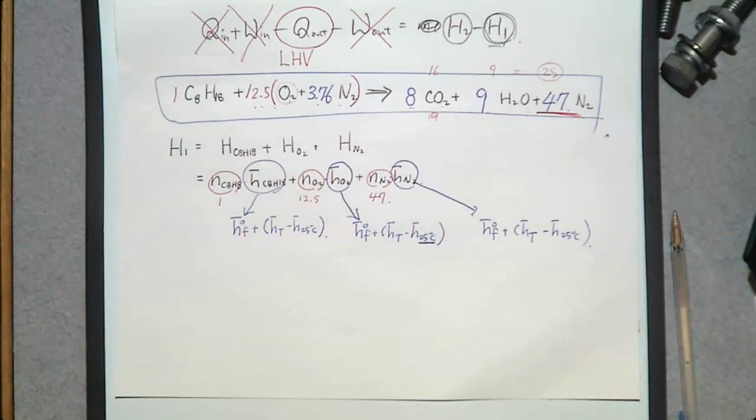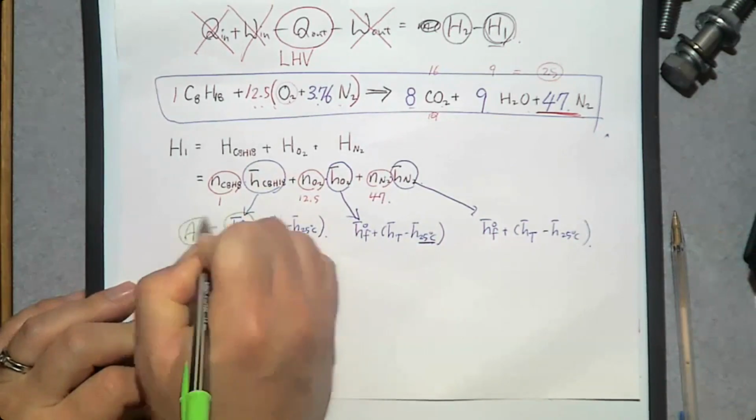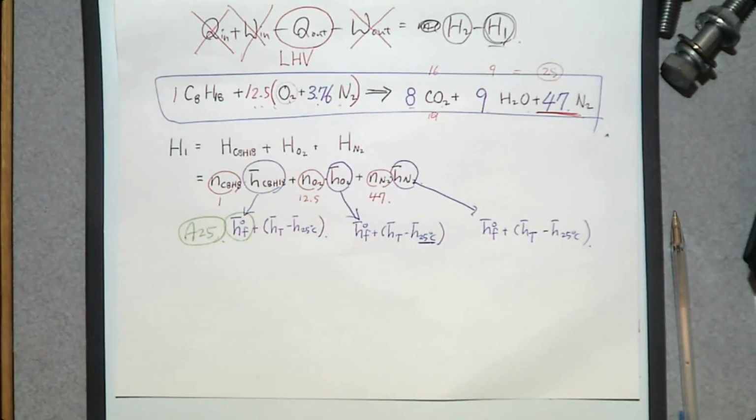This one, table A25. Where's my property table? Oh, right here. We can go to table A25.